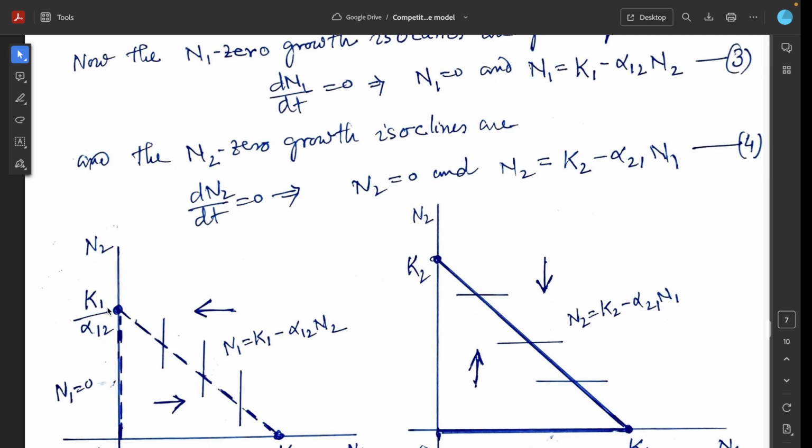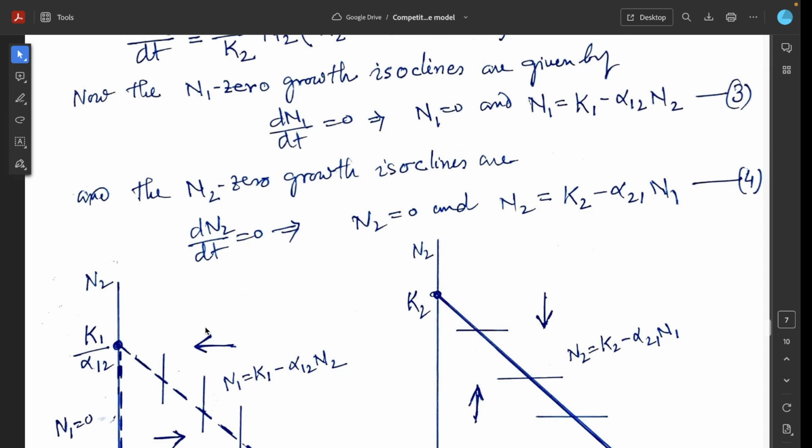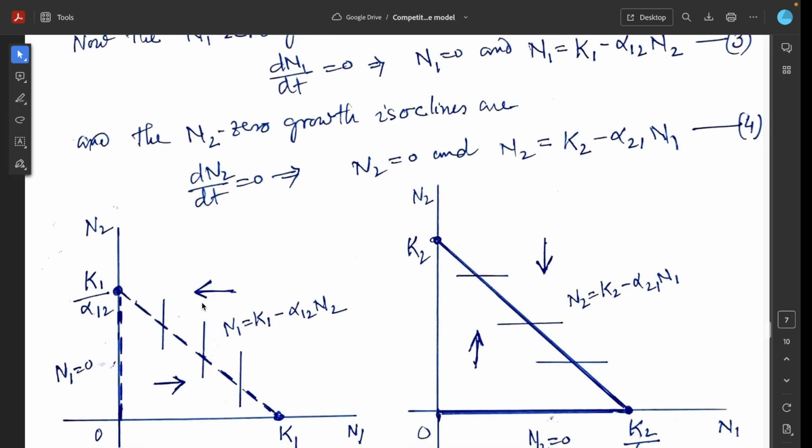This straight line is dn1/dt equal to 0, so the velocity has only a vertical component there, because dn1/dt equals 0. This is the n1 zero growth isocline, where there is only a vertical component, upward or downward, on this straight line. This is the dashed line, the n1 growth isocline.